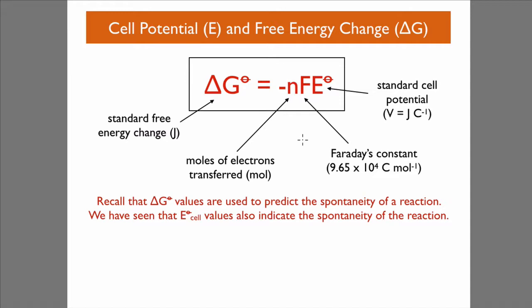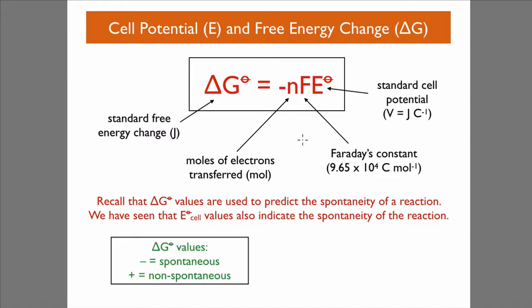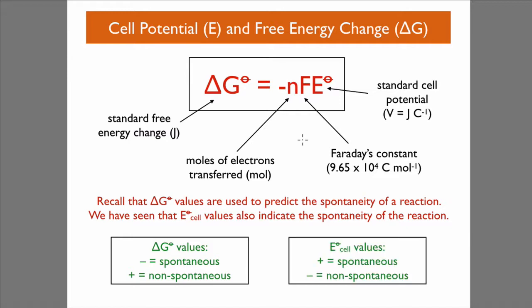We've seen that standard cell potential can also indicate the spontaneity of the reaction. It's a bit different though, isn't it? Because if the standard free energy change is negative, the reaction is spontaneous, and it's non-spontaneous when it's positive. Conversely, with cell potentials, a positive value is spontaneous and a negative value is non-spontaneous.